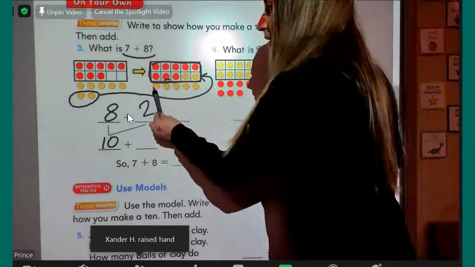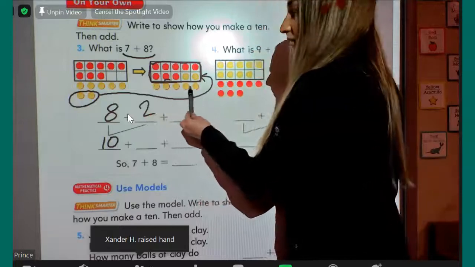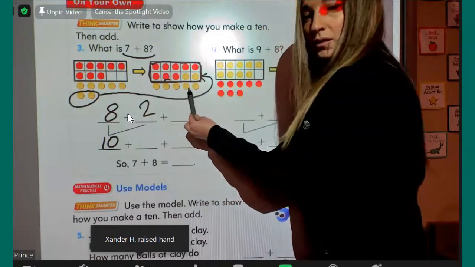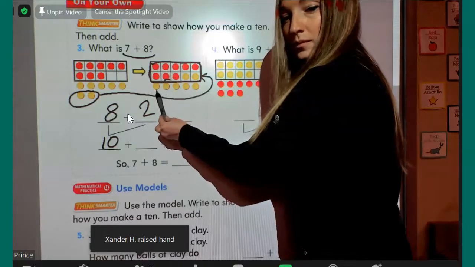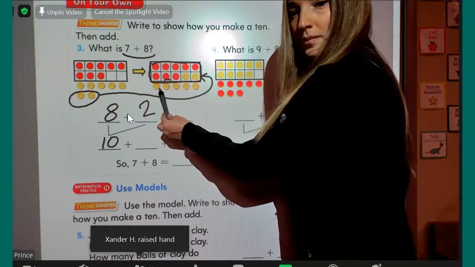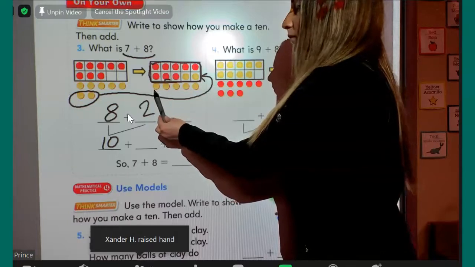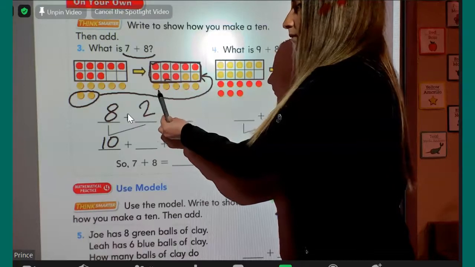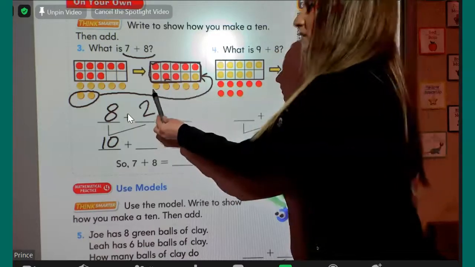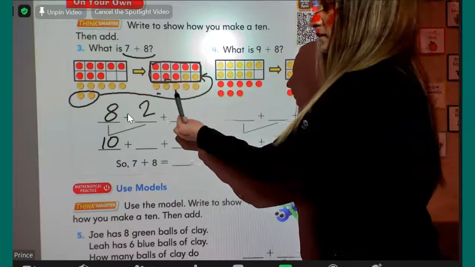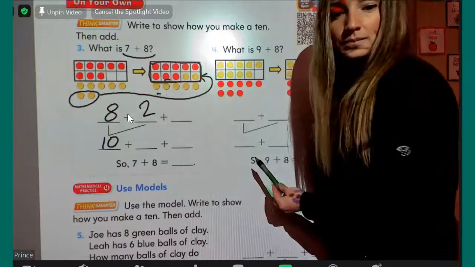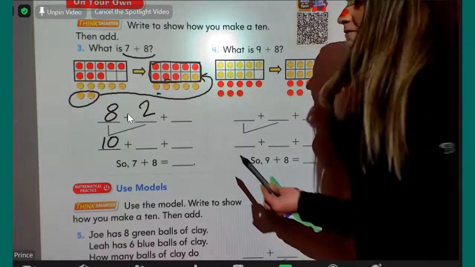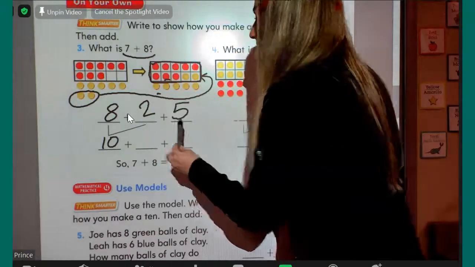But we can't forget about these ones that were left over down here. Kieran, can you tell me how many are down here? Five. All of these ones right here. So that's what we're going to put right here.